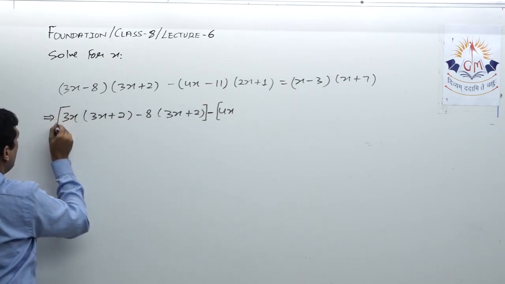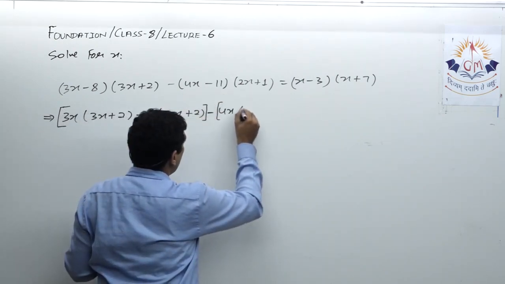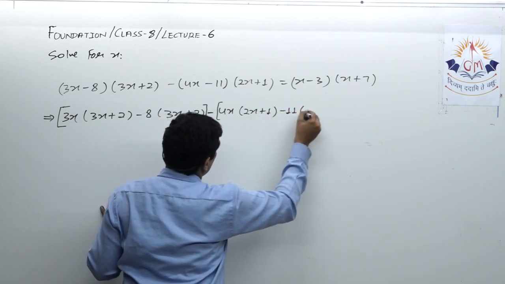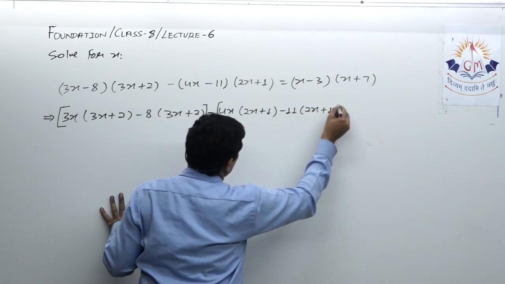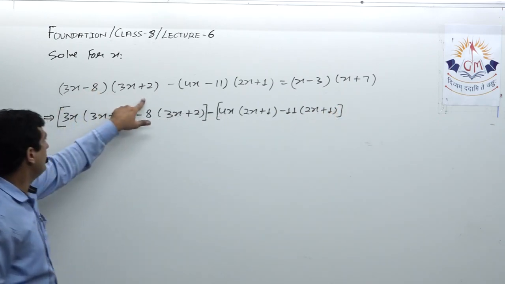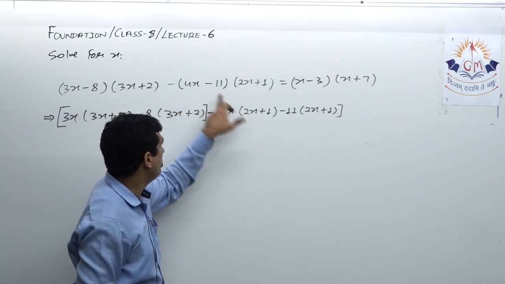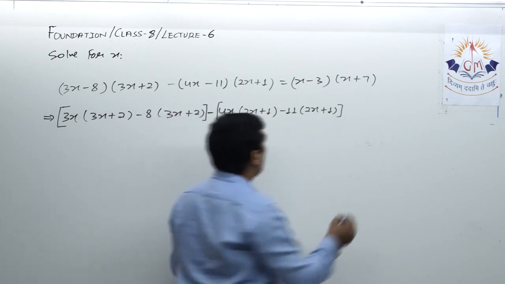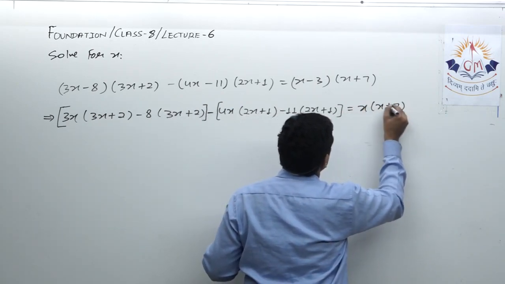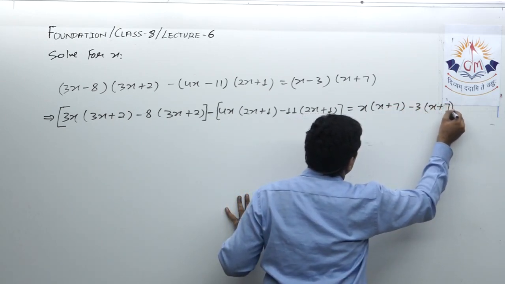Now minus outside, 4x into 2x plus 1, minus 11 into 2x plus 1. Okay, term to term multiplication, 3x into these two, minus 8 into these two, then 4x into these two, then minus 11 into these two. Similarly on the right hand side, x into x plus 7 minus 3 into x plus 7.